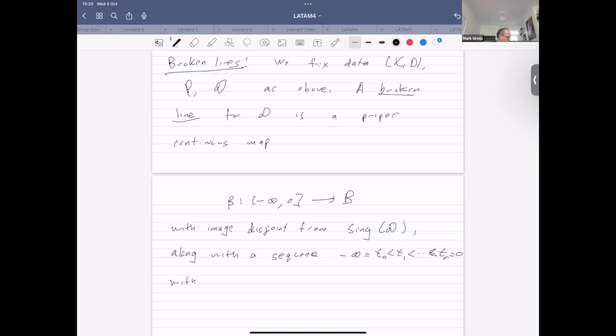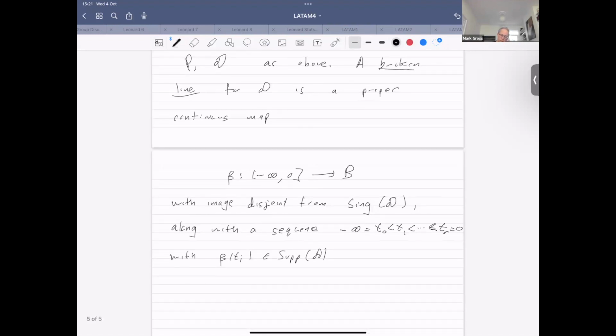You need to have β(t_i) lying in the support of D for 1 ≤ i ≤ r − 1.